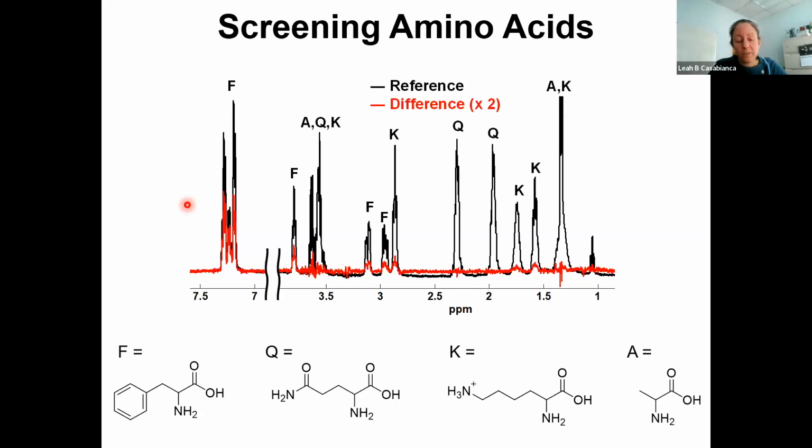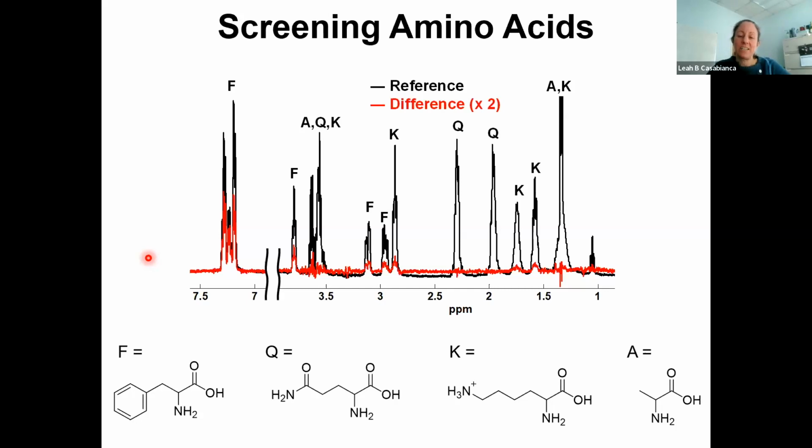The fact that the aromatic amino acids are able to have these strong interactions indicates that there's maybe some porosity or something that's allowing the aromatic groups in the ligands to interact with the aromatic styrene in the polystyrene nanoparticles.